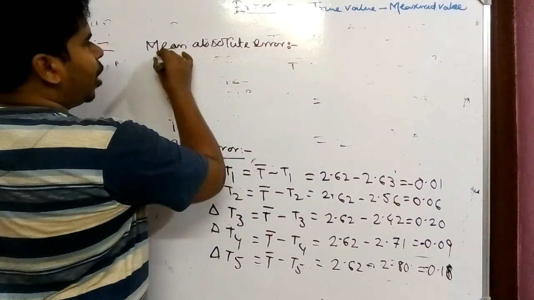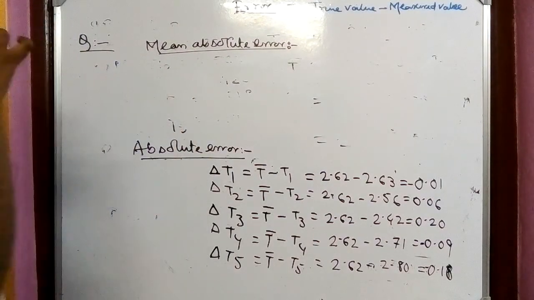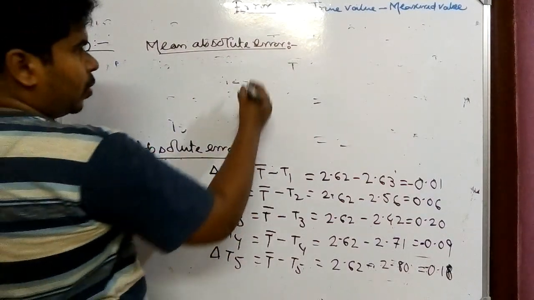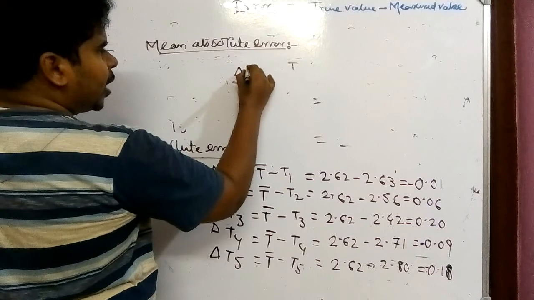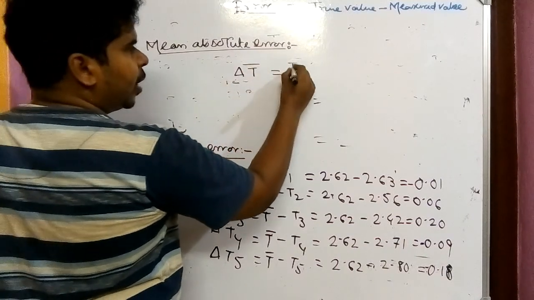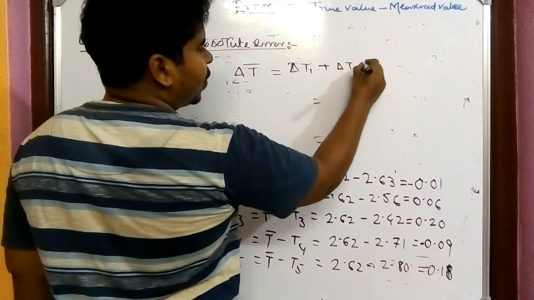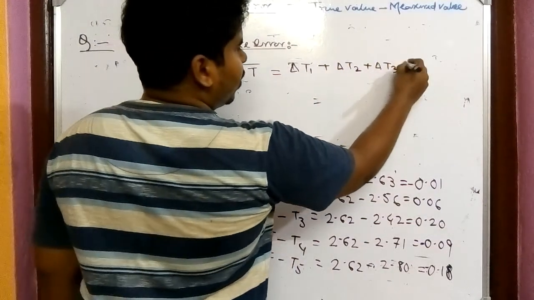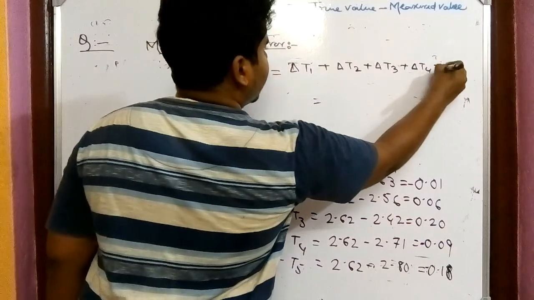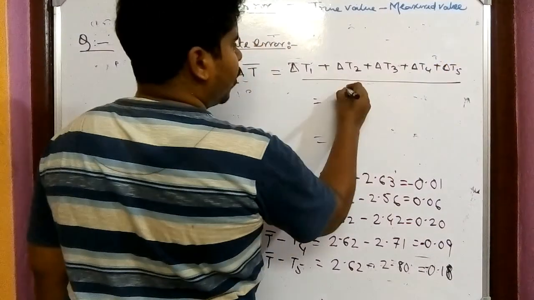Whenever we talk about mean absolute error, what will come? It is delta T bar, which equals delta T1 plus delta T2 plus delta T3 plus delta T4 plus delta T5, divided by 5.